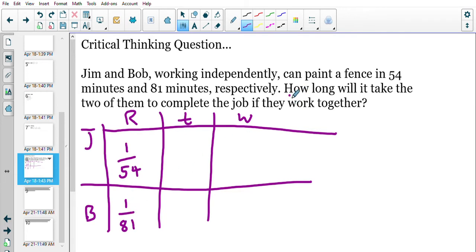The question we're trying to ask is how long. So we don't know the time, but we know that they both work for some amount of time, t. And then we know that the work that they accomplish is just the rate times the time. So Jim's work can be represented as t over 54, and Bob's work can be represented as t over 81.